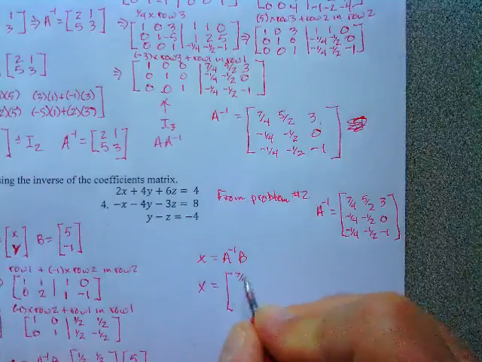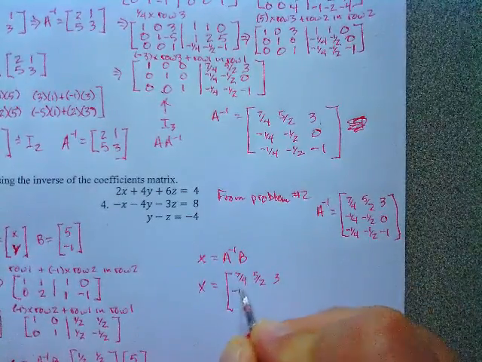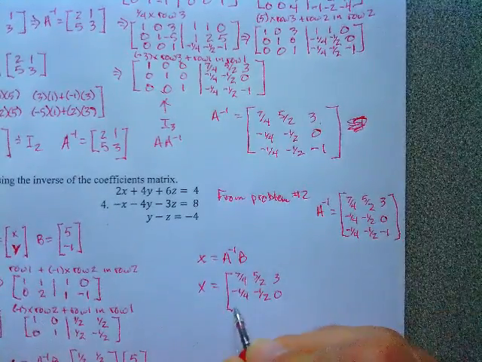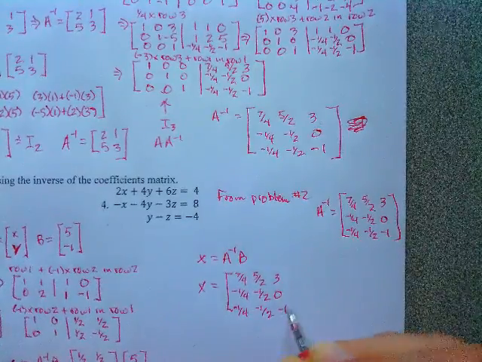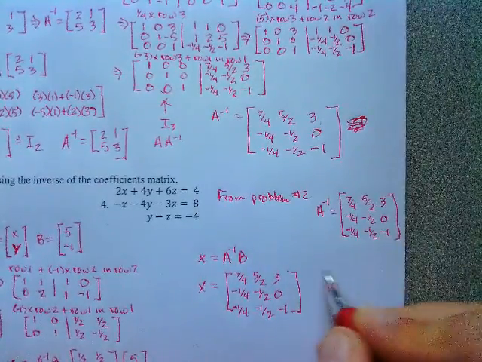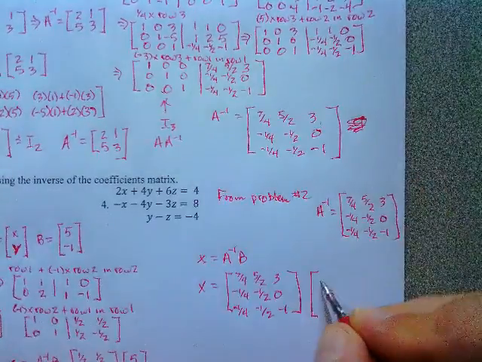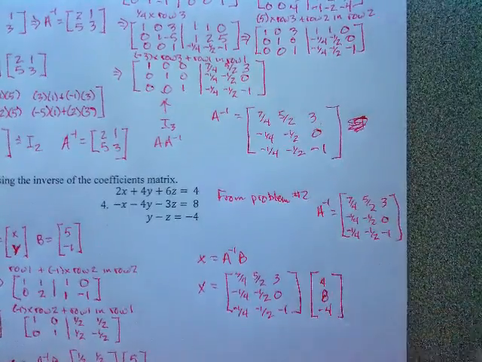So x will equal our 7/4, 5/2, 3, -1/4, -1/2, 0, -1/4, -1/2, -1, and that will be times those numbers, 4, 8, -4.